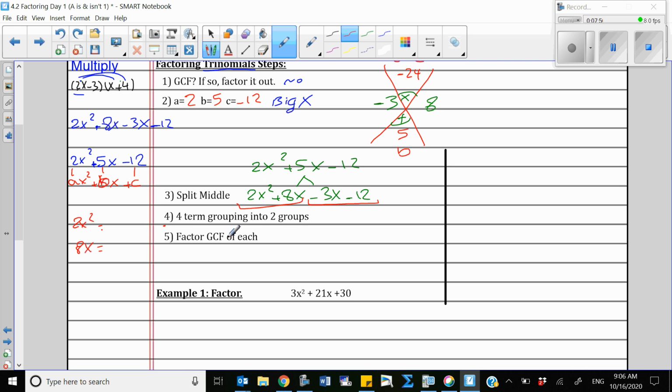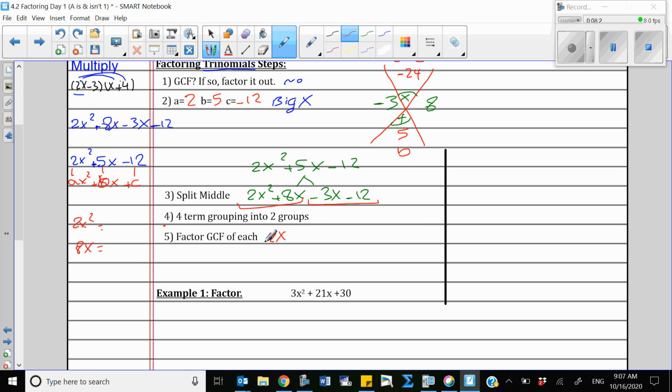So I can just take the 2, and then between x squared and x, again, the smallest one is the greatest common factor, because x squared is divisible by x. So if they are divisible by each other, you can just take the smallest one as the greatest common factor. So 2x is the common factor between 2x squared and 8x.